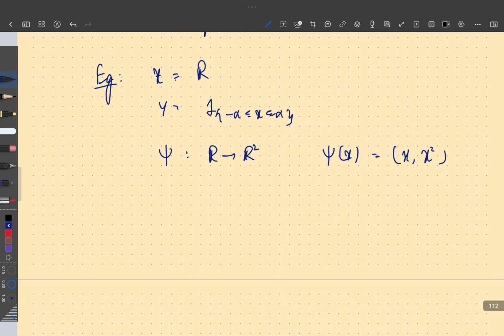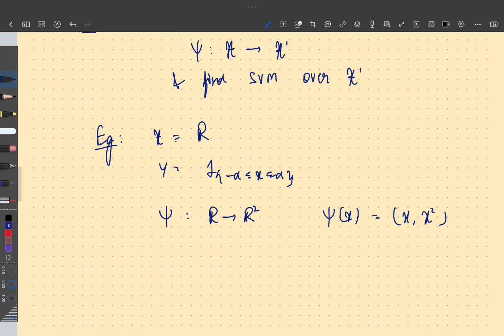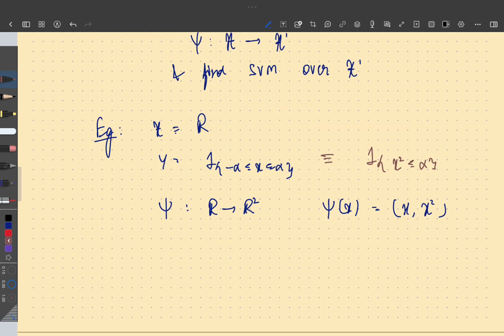In this case, this y is equivalent to x square less than or equal to alpha square, right?